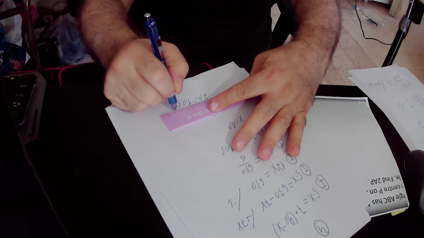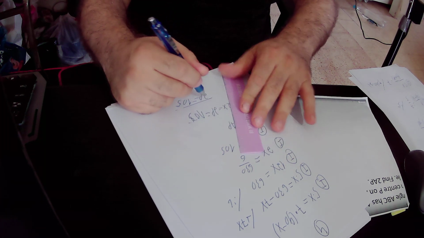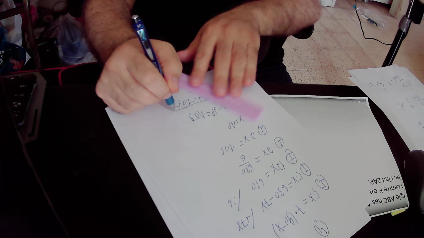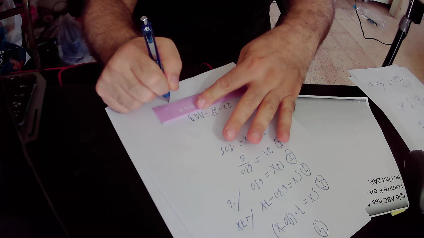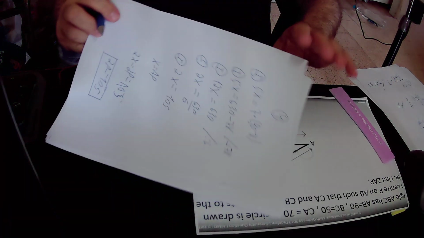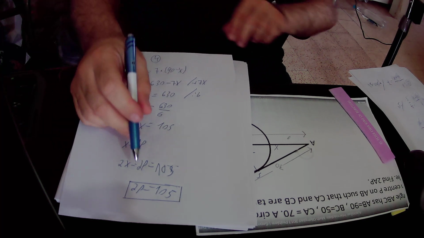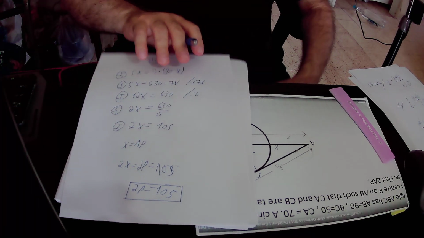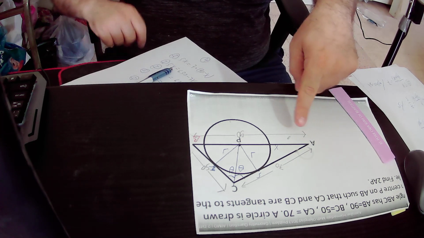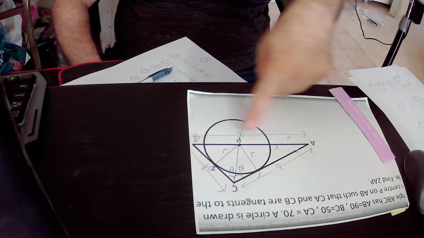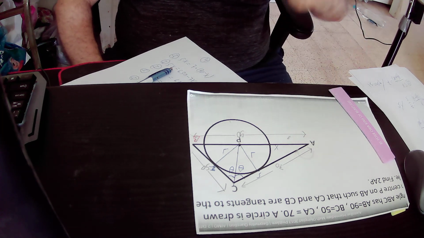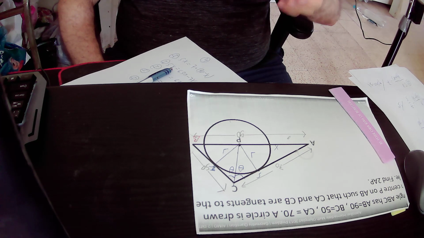This was actually the question. 2 times AP equals 105, and that is exactly the question: what is the value of 2 times AP? And the value of 2 times AP equals 105.